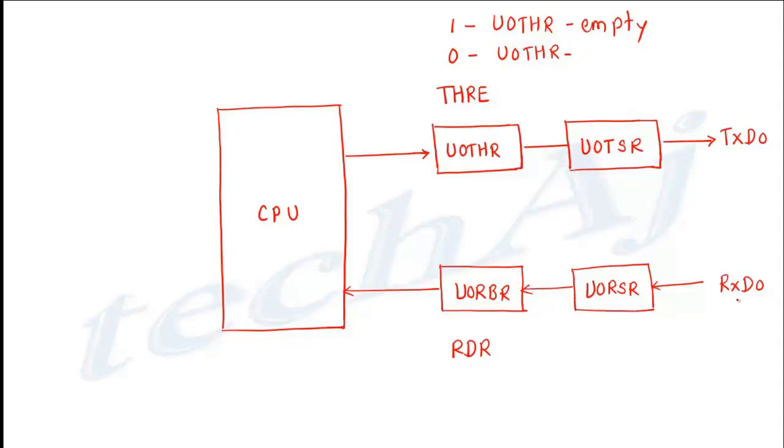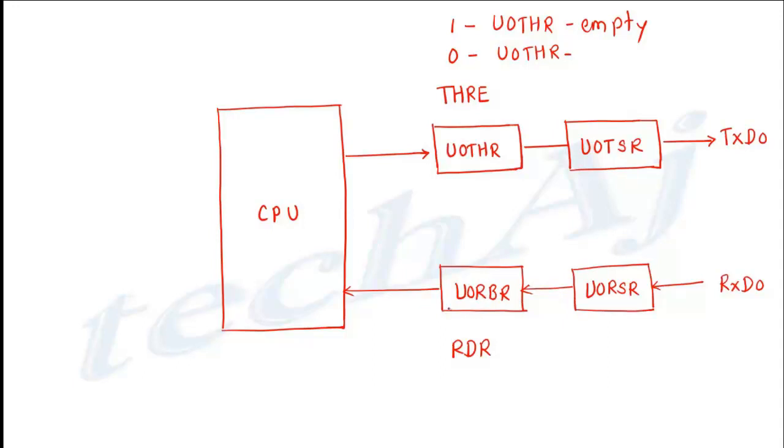Similarly, whatever data is received serially on the RxD0 pin will be serially stored in U0RSR, which is the receive shift register. From this receive shift register, the data is copied into the RBR register, which is the UART0 receive buffer register.